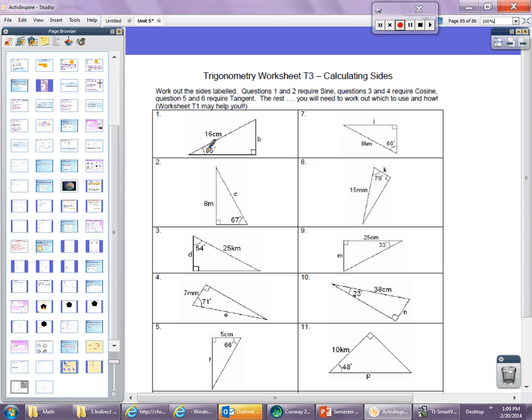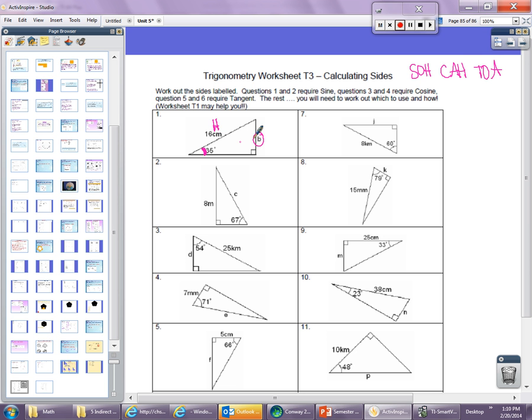Alright, so trigonometry worksheet T3. Let's take a look here. Here's my reference angle. Again, I don't care what the reference angle is necessarily. In this case, I am looking for the O, opposite, and I have the H, hypotenuse. So, reference angle, O and H. Which is it? Oh, there it is, SOH.